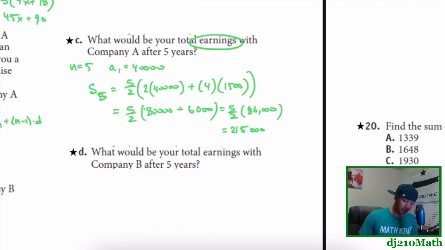So after 5 years with company A, you're taking to the bank about 215,000. Double checking that. 43 times 5. 15. Yeah. 21. Okay.